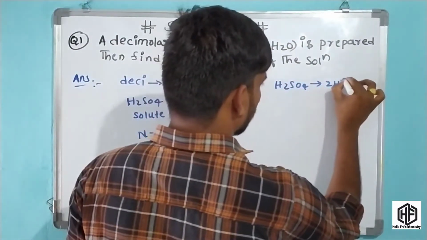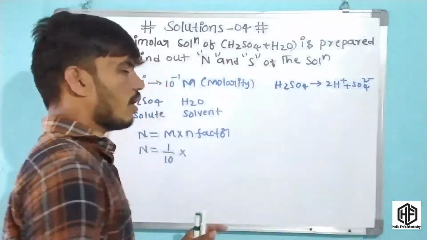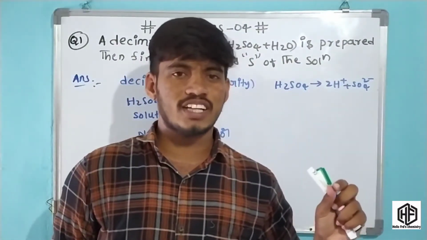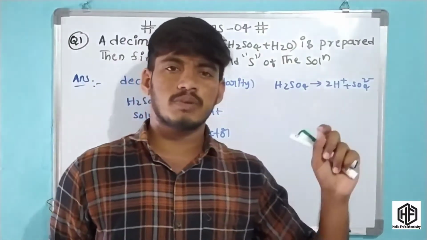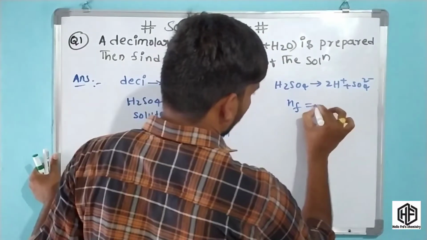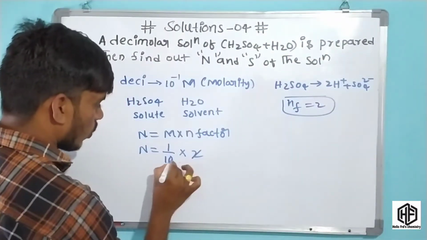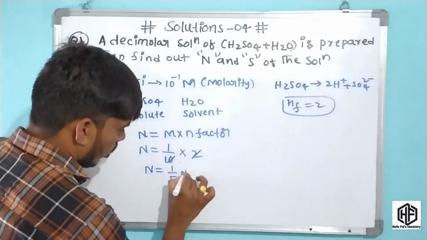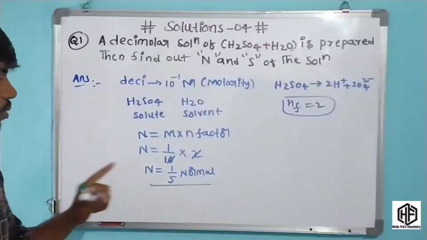It dissociates into 2H plus and SO4 2 minus. The number of H plus ions present in the aqueous medium is called the n factor of acids. In the case of H2SO4, 2 H plus ions are present in the aqueous solution. So the n factor value is 2, and 2 times 1 by 10 is 1 by 5. The normality is 1 by 5 normal.